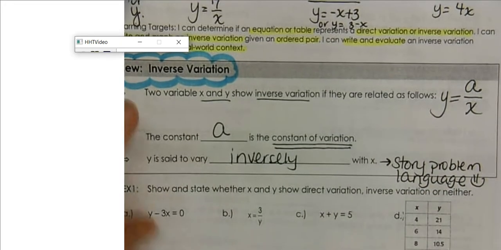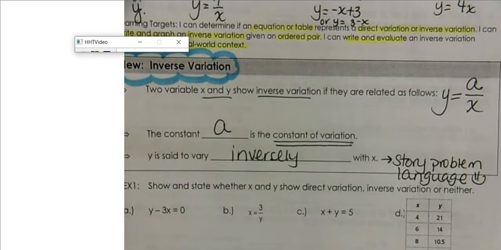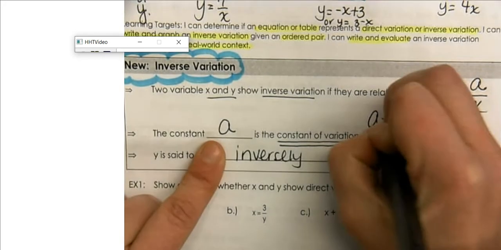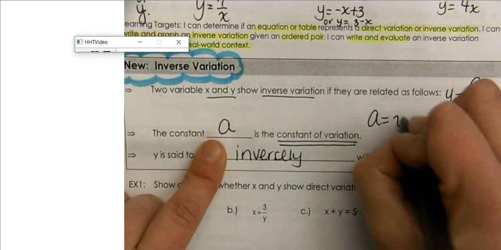Let's go back to talking about a. In direct variation, the a value is the slope, and the slope was y divided by x. Because this is inverse, the inverse operation of y divided by x is y times x, or simply x times y.